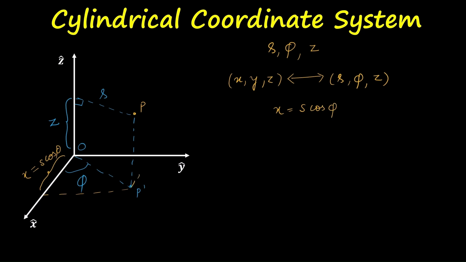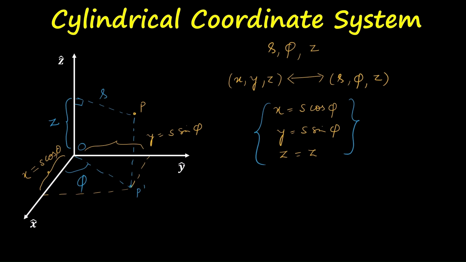Similarly, we can find the y coordinate. This is y, and this is equal to s sin phi. So y is equal to s sin phi. What about z? z is the same. So this is the relation between the Cartesian coordinate system and the cylindrical coordinate system.